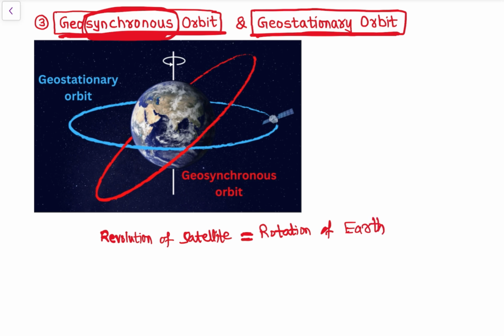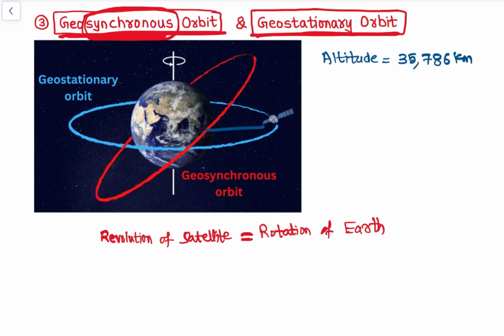See, geosynchronous, first let's study the altitude. Geosynchronous orbit is at an altitude of 35,786 kilometers above the surface of earth.